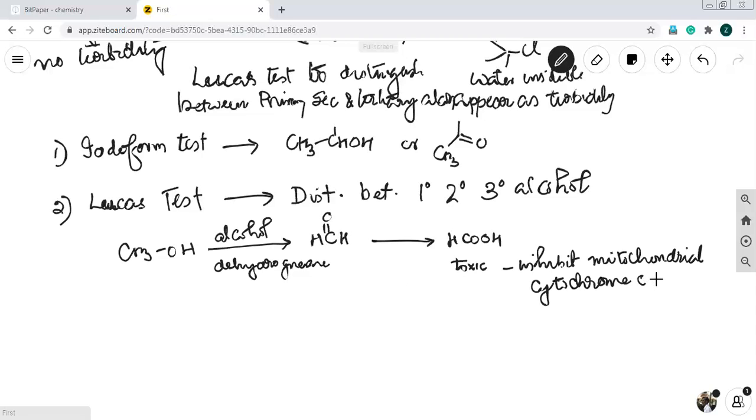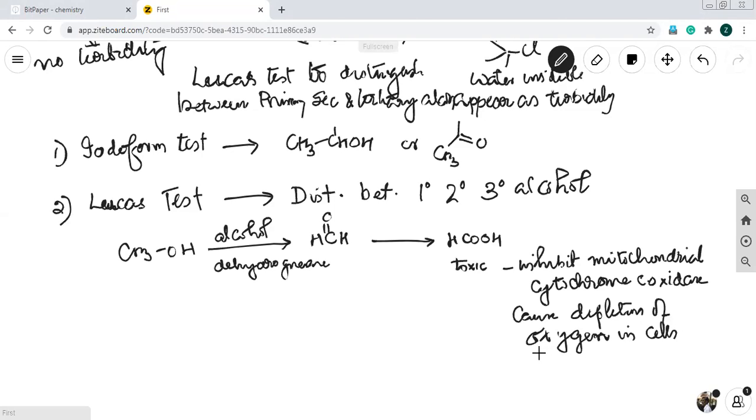Cytochrome C oxidase. This is an enzyme which is working in the mitochondria, and this will cause depletion of oxygen at the cellular level in the cells.